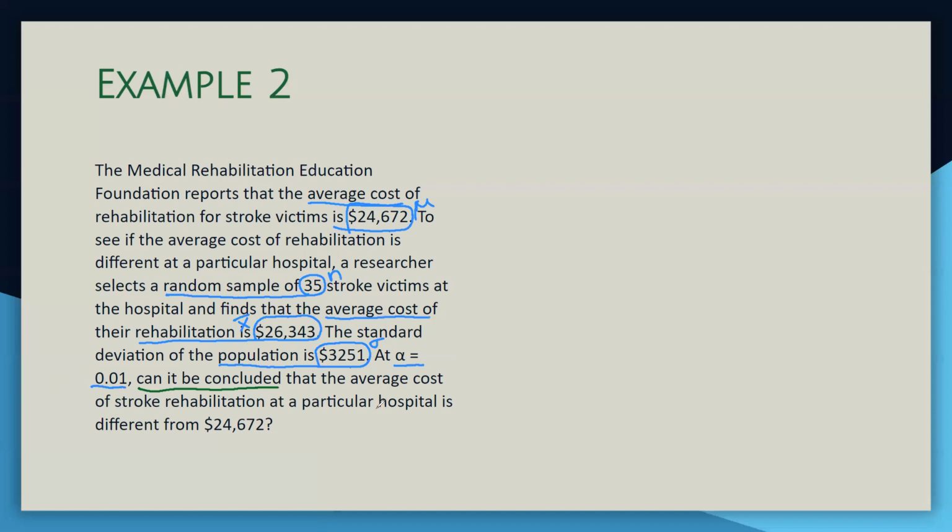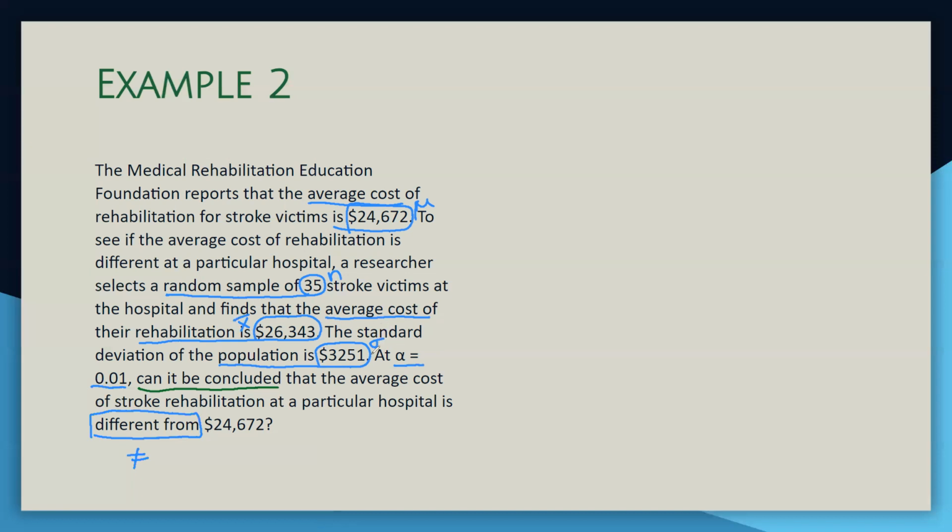The very last sentence, can it be concluded that the average cost at a particular hospital is different from? And different from means not equal to. That can be less than or greater than. So we now have enough information to run a hypothesis test. I have a claim about a population value. I have some sample data, sample size, sample mean.